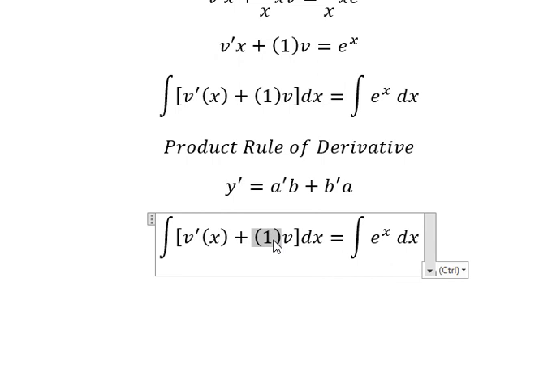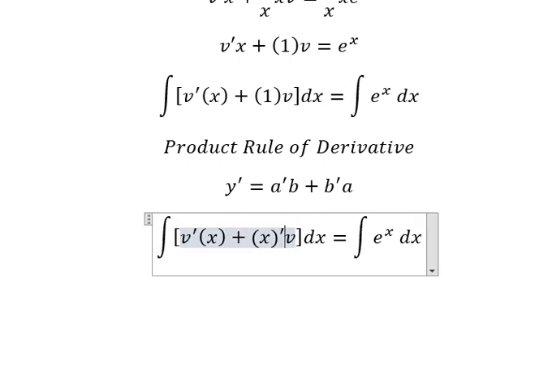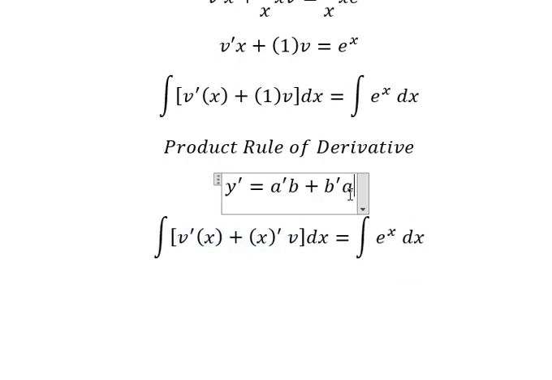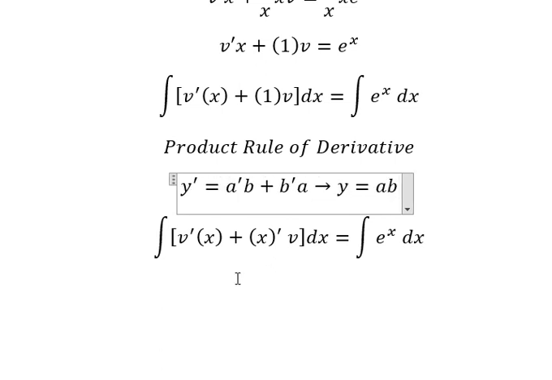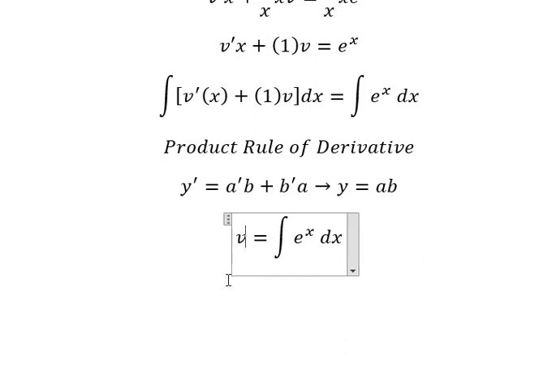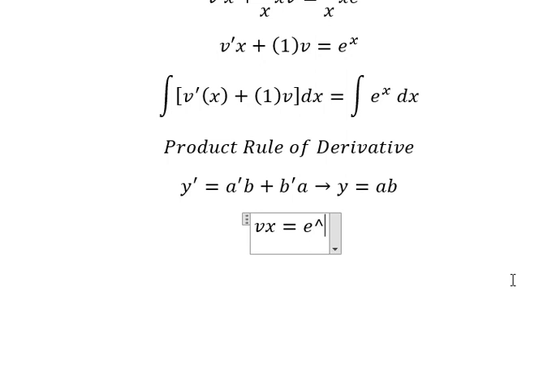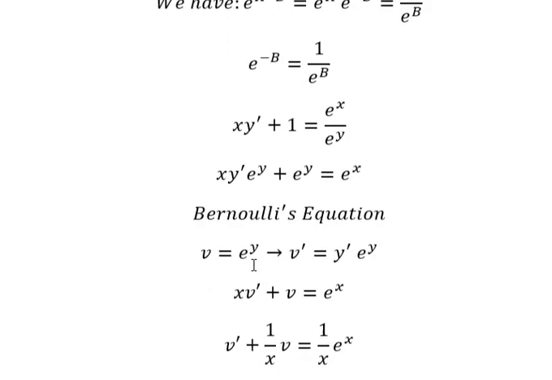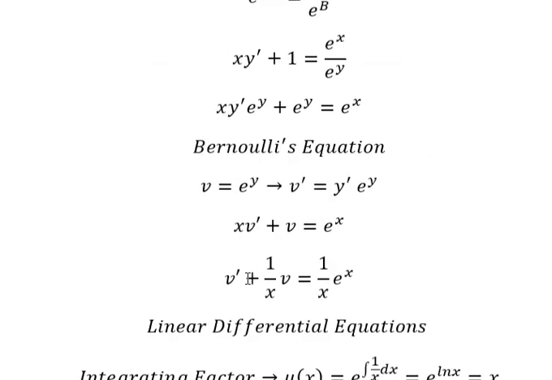This one we have first derivative of b multiplied by a. So the integration of this one we have y equals to ab. So the integration of that one we have vs. This one we have e to the power of s, and I will put c in here. About v, that is about this one.